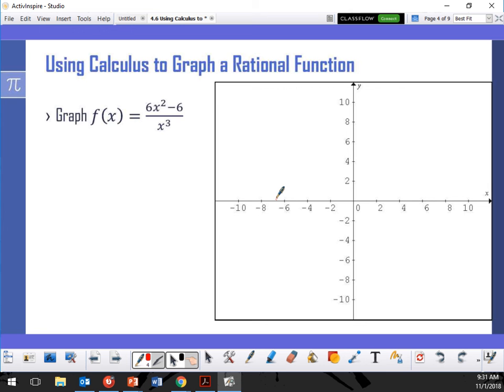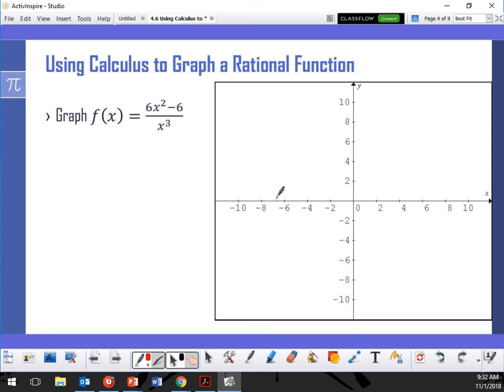Alright, and if the top is more than 1 degree bigger, then I wouldn't have one, right? Okay, so what would I do with the top and bottom?